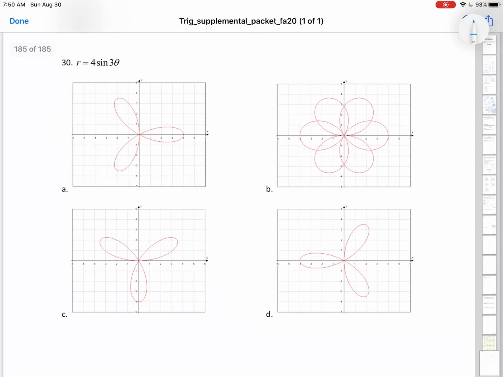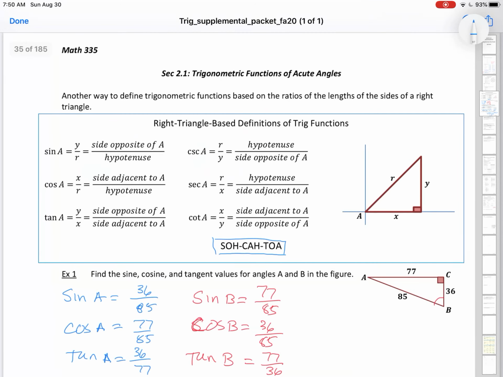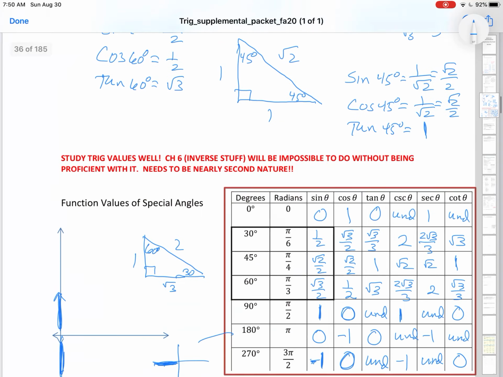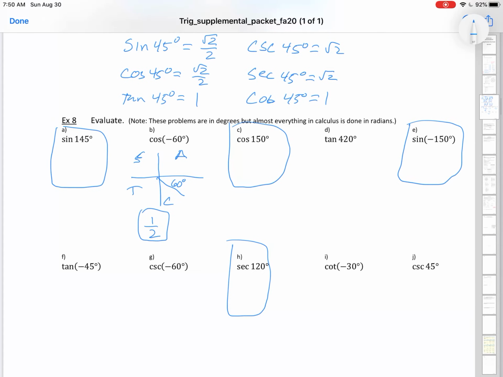Tangent of 420, if you take off 360 from the 420, that's going to leave you with the tangent of 60 degrees. That's right there in that first quadrant. The sine of 60 degrees is √3/2.